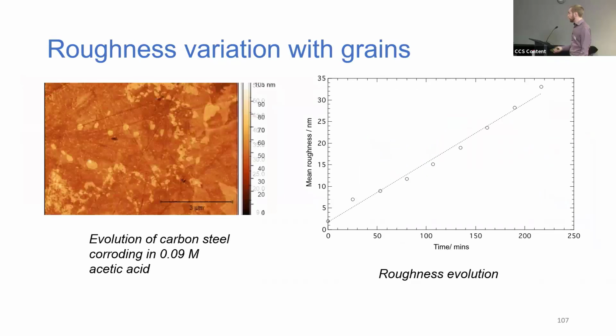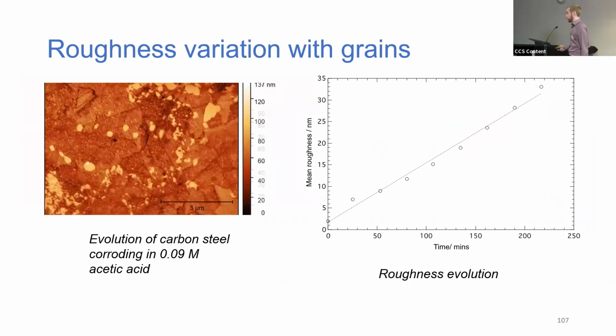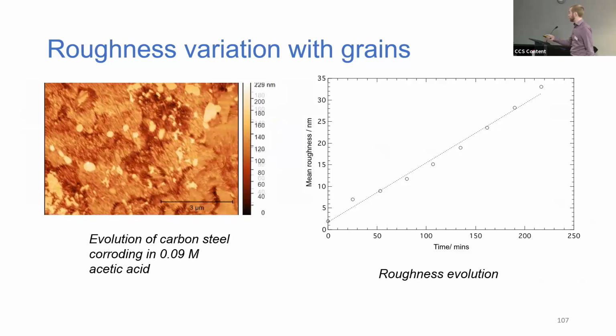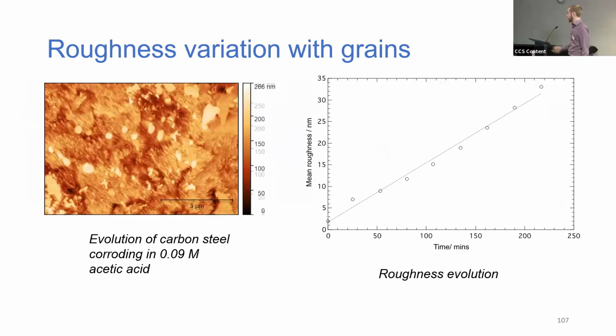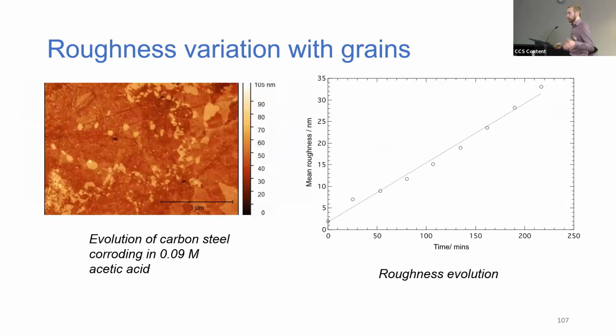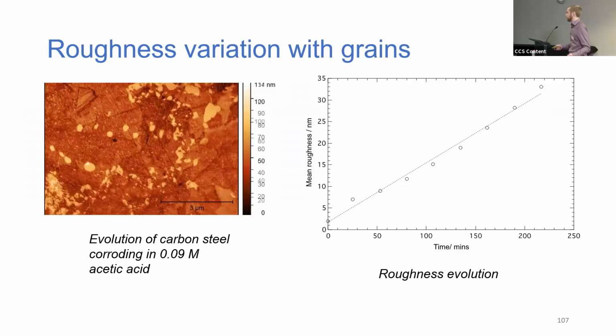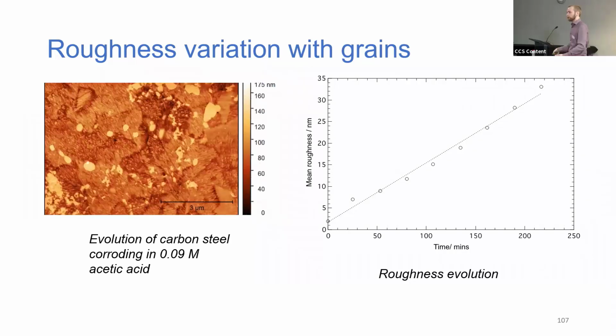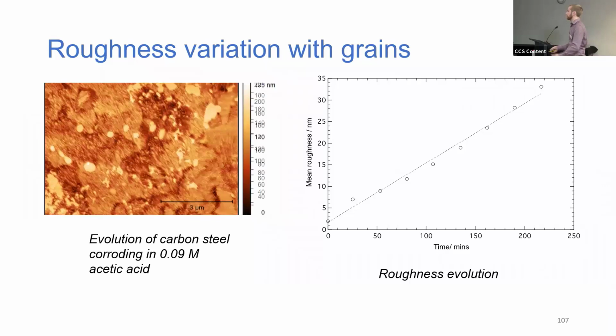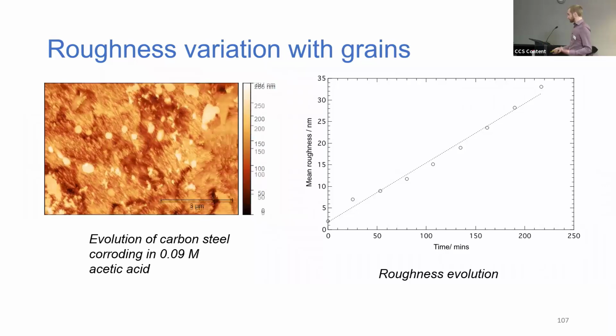So here is another video of the same experiment, and this again just shows the roughness plot over time. So we're sort of seeing an etching effect, but we're revealing the microstructure, we're revealing the grain boundaries as we're doing these experiments.